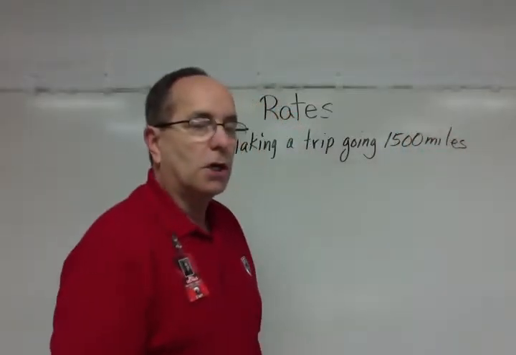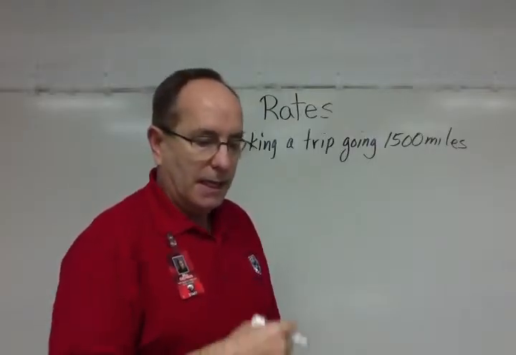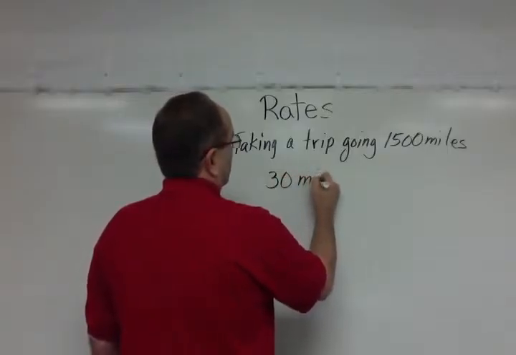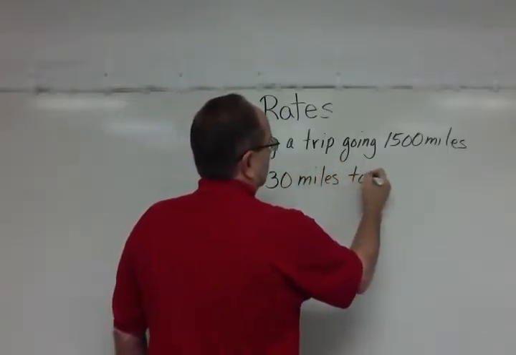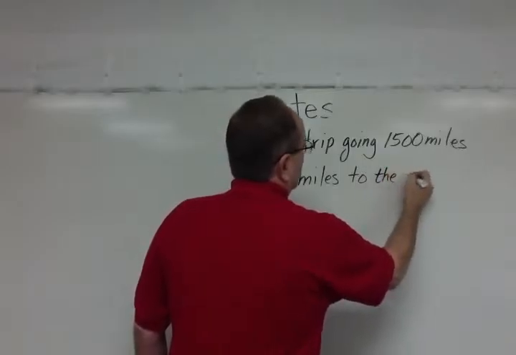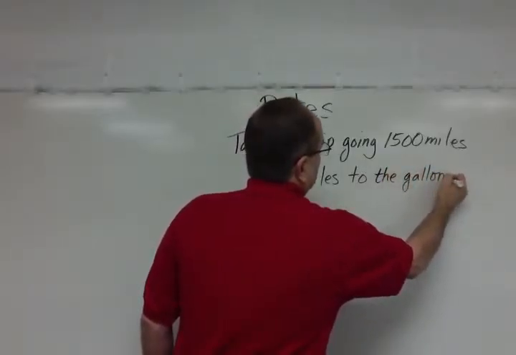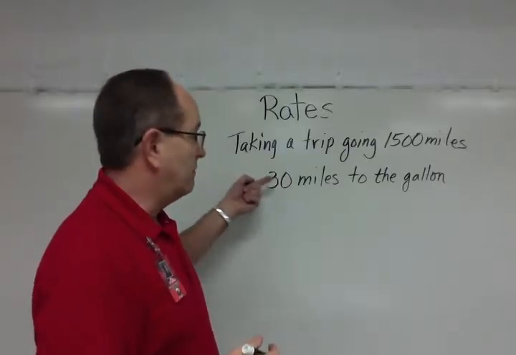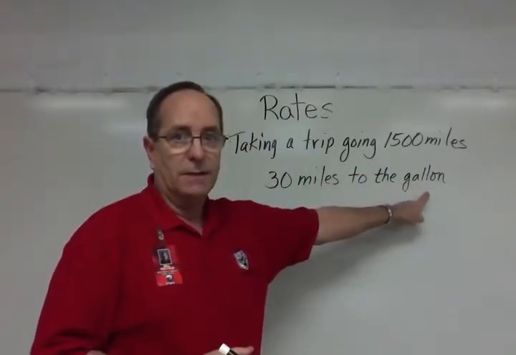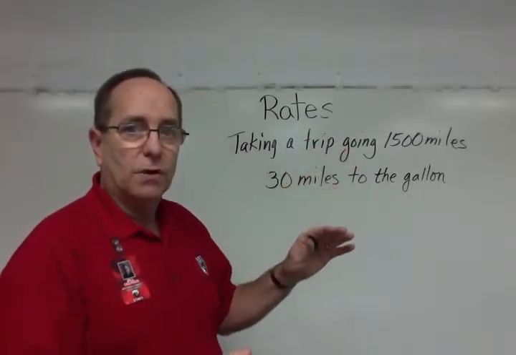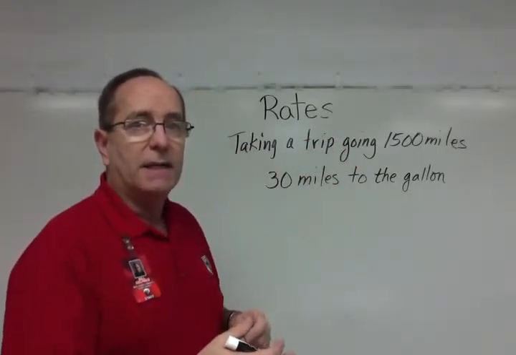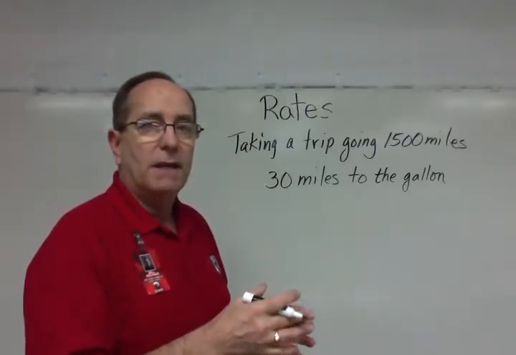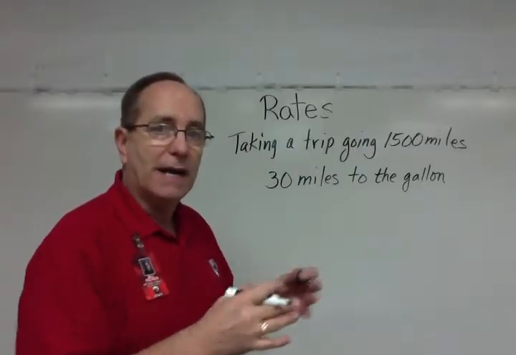I know the car that I'm going to take on this trip gets 30 miles to the gallon. So if I have this rate, miles being compared to gallons, then I can build this rate format and figure out how many gallons, how many dollars, if I know gas is $2 a gallon, how many dollars will I need just to drive in this trip.